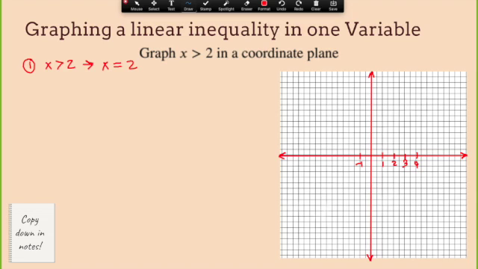Over here is -1, -2, -3, and -4. On top I have 1, 2, 3, 4, and down below is -1, -2, -3, and -4. And so my drawing is going to be a vertical line going up and down at point 2.